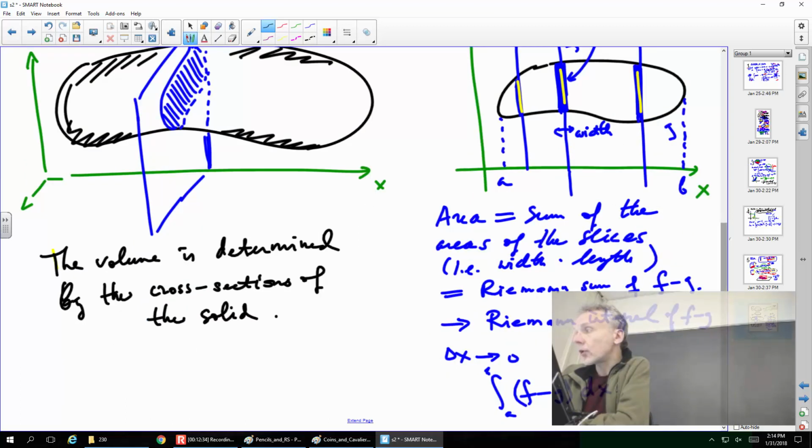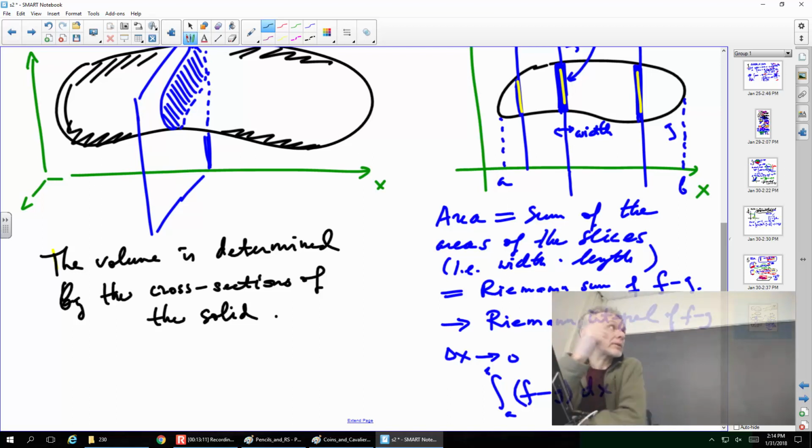The cross section is chosen in one particular way. I could certainly slice it in horizontal planes if I want to, but the way we're arranging the whole thing is analogous to what we did in the two-dimensional case on the right, and so we will be cutting with planes perpendicular to the x-axis. That will make it so we have only one parameter, x, just like on the right, where the cross section depends on x, period, and then you integrate it.